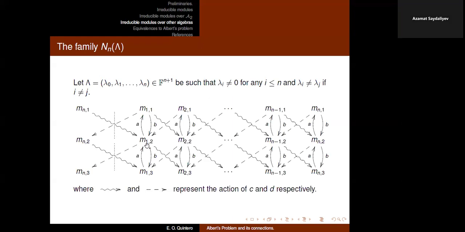Here is the picture. In this case, the first graded space goes to the right by C, but goes to the left by D. And in the first case, D is 0 in this subspace.